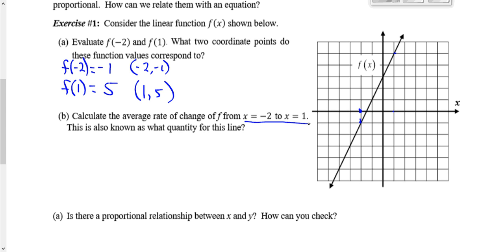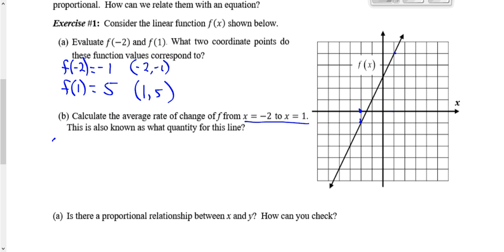All right, calculate the average rate of change between what two x values? So negative 2 to 1, right? Which one would be the ending input? 1. Negative 2 is the beginning input. What's the ending output? 5. And negative 1 is the beginning output. Remember it's ending minus beginning output over ending minus beginning input, right?